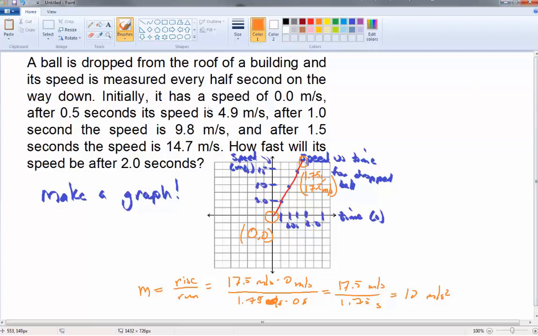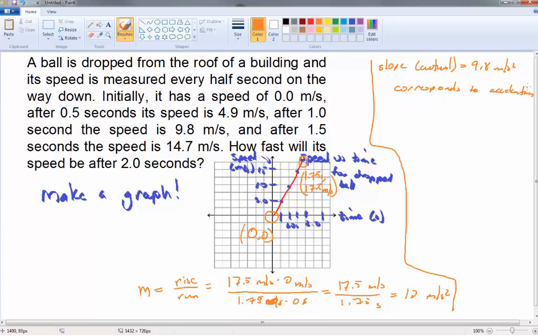Turns out if you did that, what you'll find is that the slope is actually 9.8 meters per second squared, which not coincidentally happens to be the free fall acceleration. So this is within about 2%. So the actual slope in this case is 9.8 meters per second squared. So that corresponds to the acceleration.